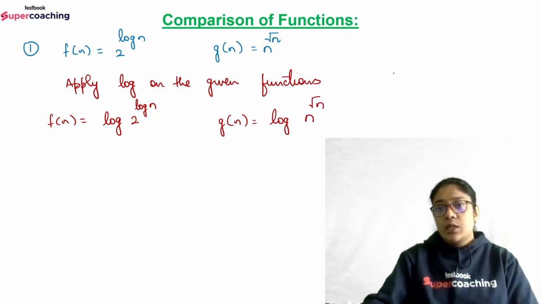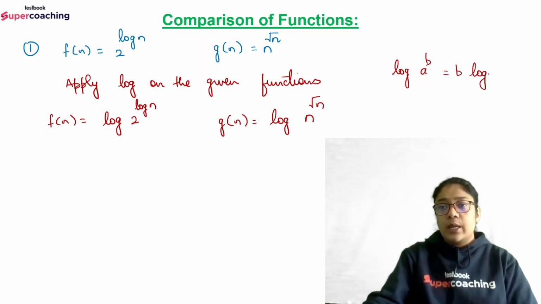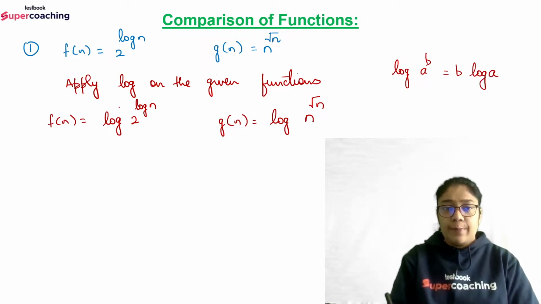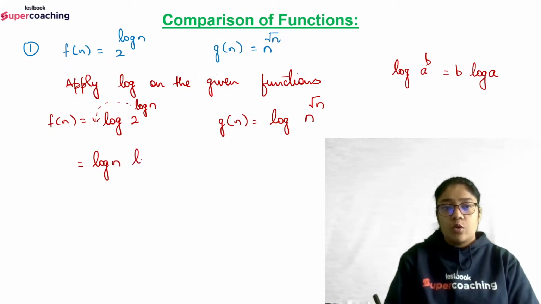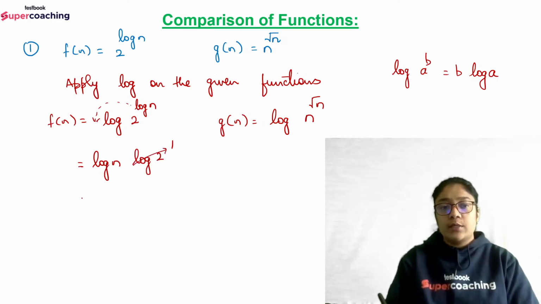Now this is something of type log a raised to power b, so we know that this is nothing but b log a. So I'll apply this here. I'll be getting log n times log 2. If the base is 2, this term comes out to be 1. So ultimately here we are getting log n.